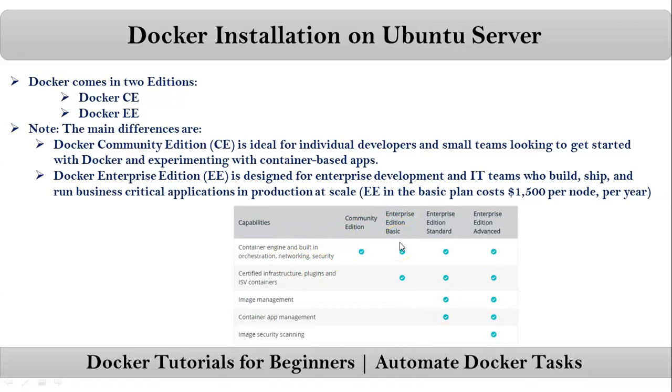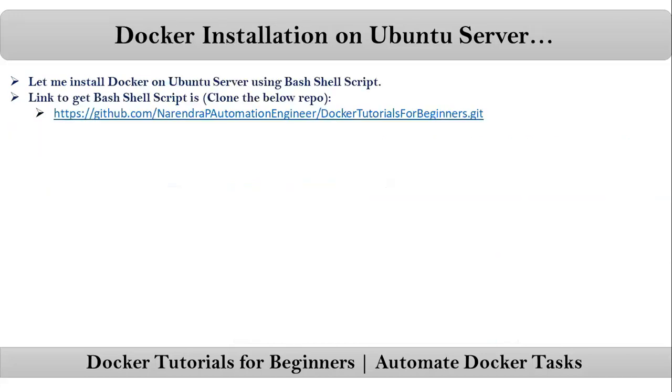So initially we will practice with Docker Community Edition. Anyway, Docker Enterprise Edition is also available as trial version. So later we will use that and we'll use some advanced concepts from our Docker Enterprise Edition as well. Fine. Now let me go and install Docker Community Edition on our Ubuntu server.